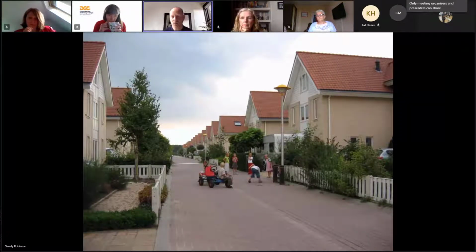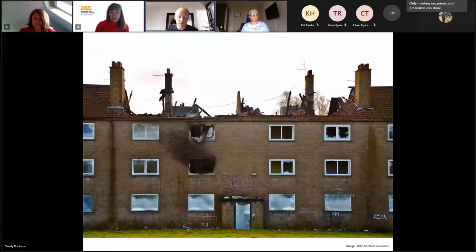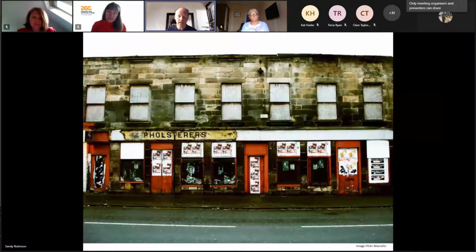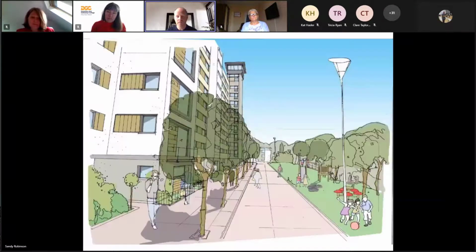And when we talk about Place, we in the past have often shown images like this, of blue-eyed and blonde-haired children enjoying places in a pretty aspirational way. But we are equally aware, if not more aware, of the negative impacts that Place can have and how that can impact on the quality of life for people, their economic, social, cultural and health opportunities, whether that's to do with the housing they live in, high streets, deprivation, the immediate environment around them.